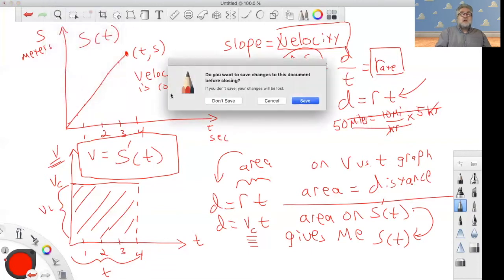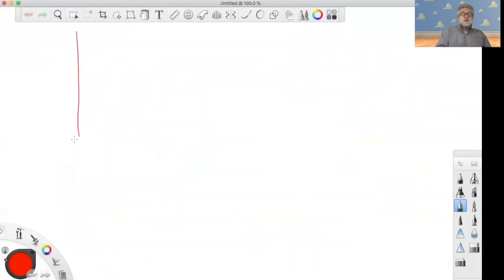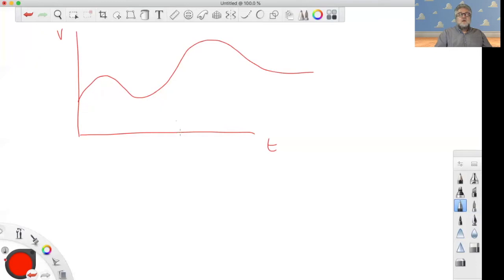So what if I had something like velocity and time, and I had a function that was like that. And I want to know at time t, if this was my velocity function, how far did I travel when I hit this point at t equals something, t equals 4?